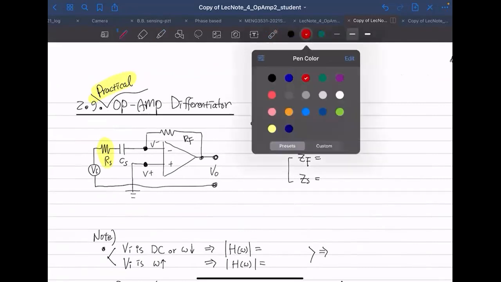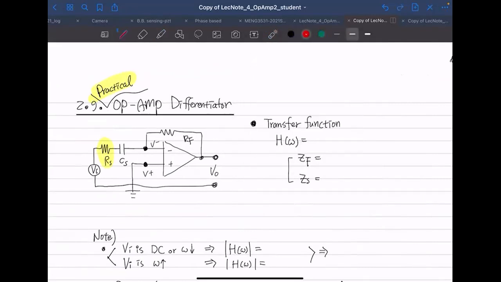And if we do the transfer function one more time, that's negative ZF over ZS. And we could count this whole thing and this whole thing as ZS and ZF, right?